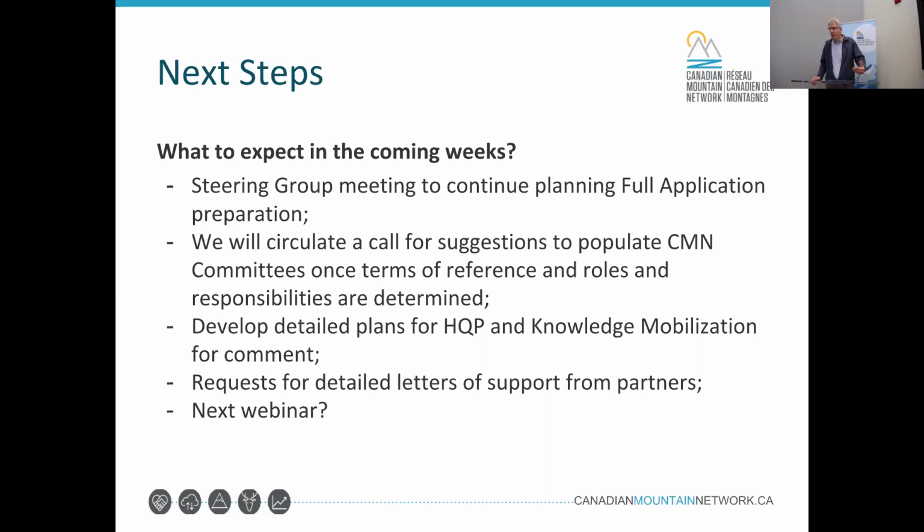Typically with these networks, once a project is successful, there's other funding internally within the network that can support specific activities that projects would undertake. But the short answer is I think it doesn't make sense that it's less than that.